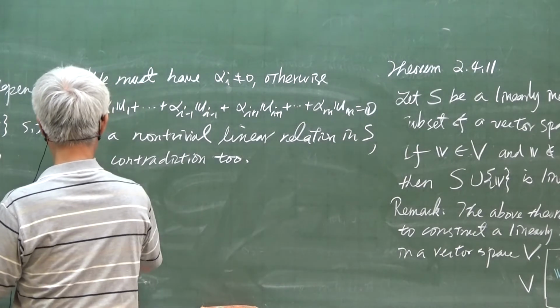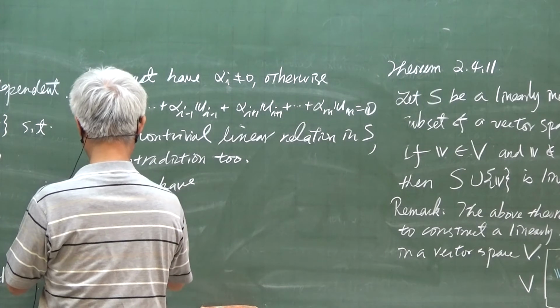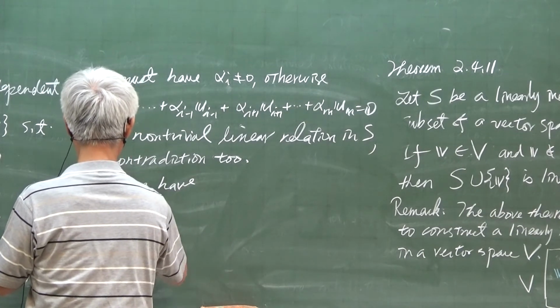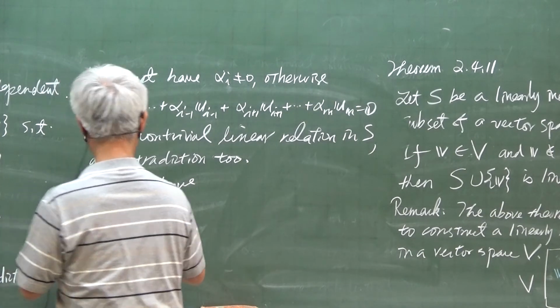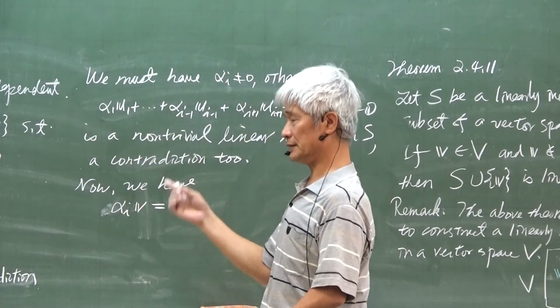So now we have nowhere to go. We have alpha i V, because ui is equal to V, and alpha i is non-zero.